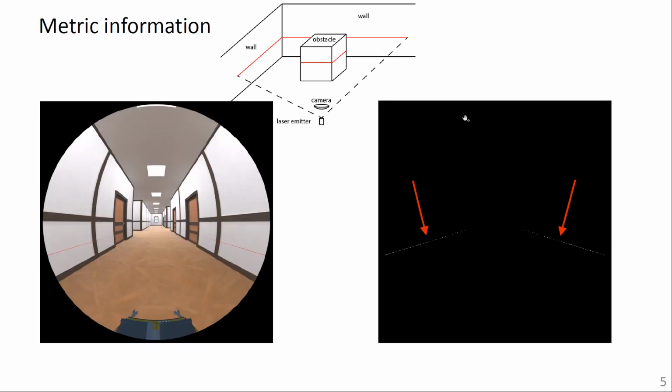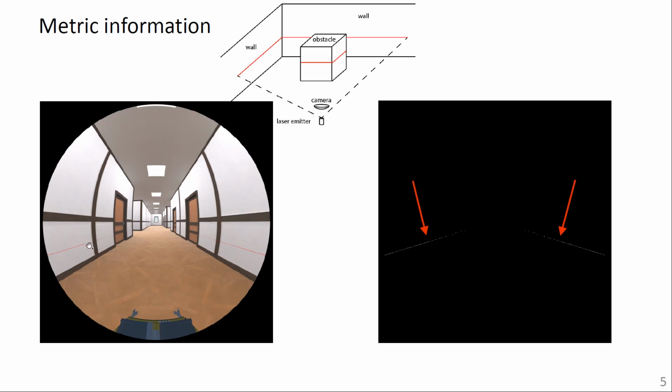So how do we understand the depth? For example, we can add laser information to our computer vision system. Here we have the camera, below we have the laser emitter, and we project it to the world. Next, this laser intersects obstacles, and we can estimate the distance from the camera to this laser, and so to the obstacle as well.